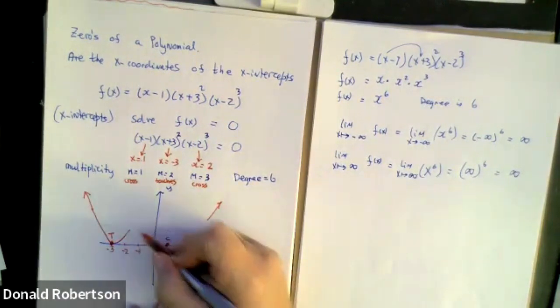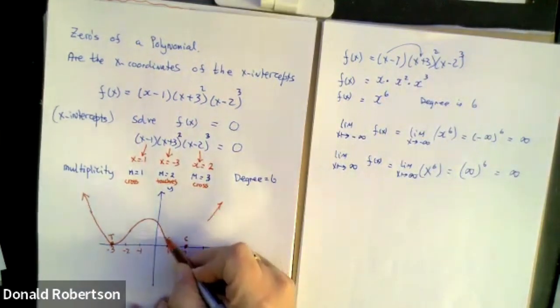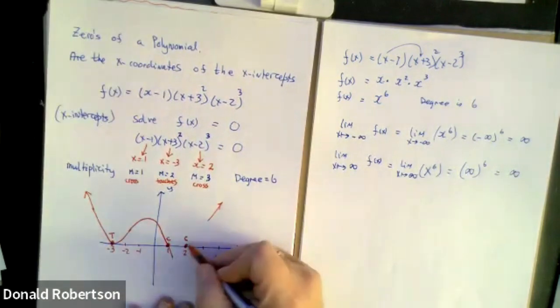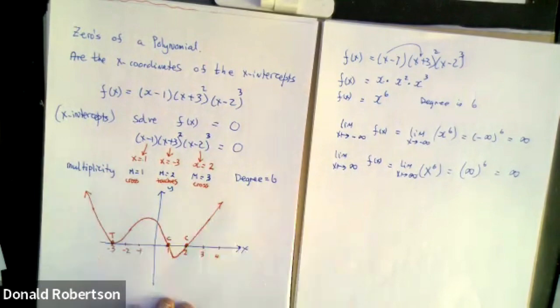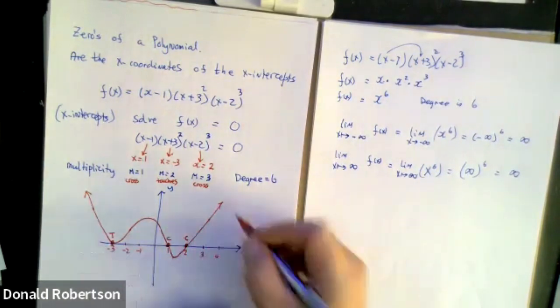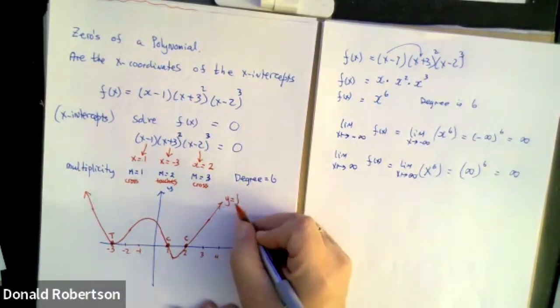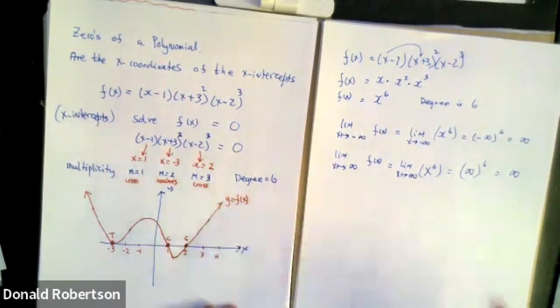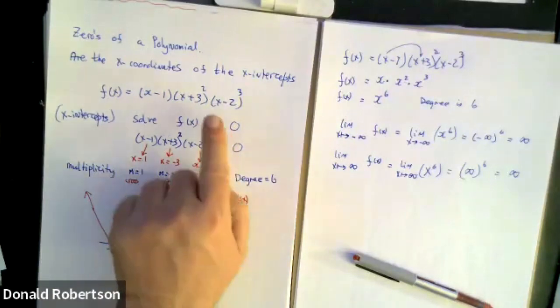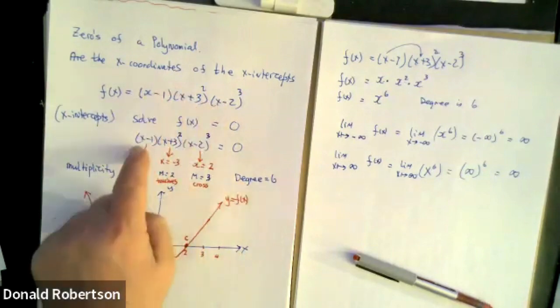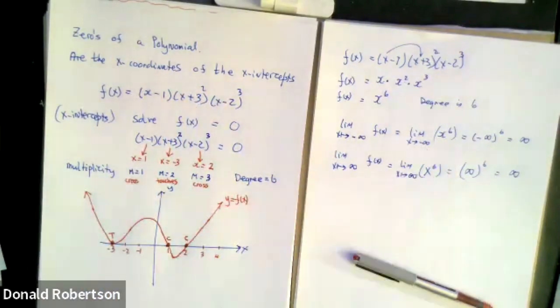Then it has to get to here, so it's going to have to curve and cross. But then it has to get to here and cross, so it has to go up and do that. So we have basically got a very simple sketch of what a polynomial looks like based on its multiplicities, its zeros, and its end behavior.